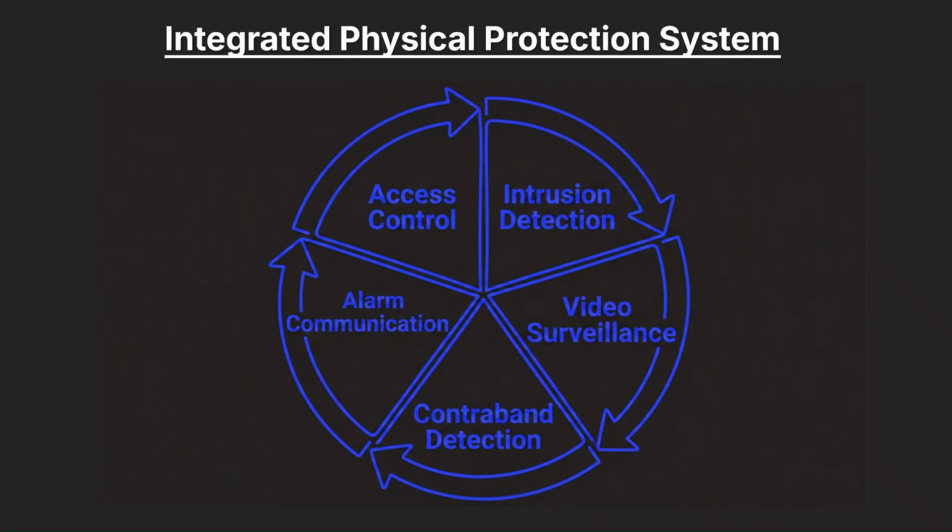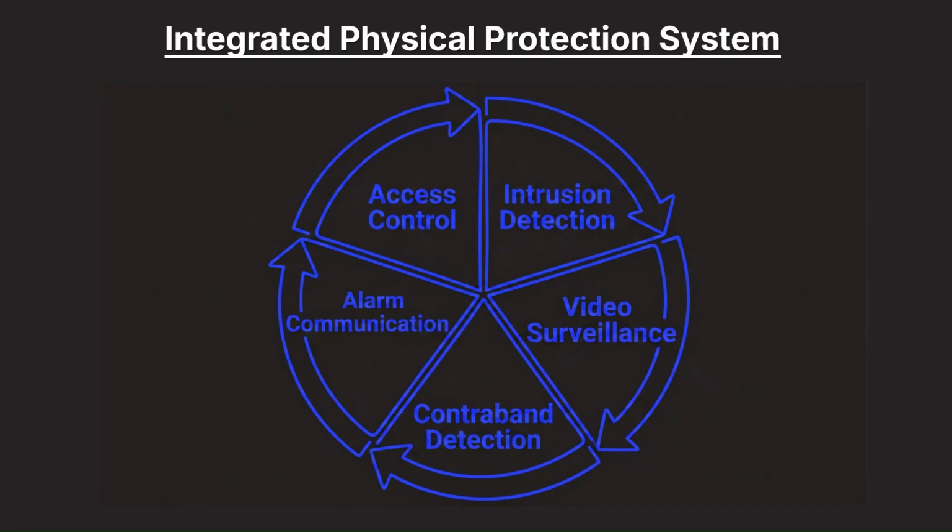A truly effective security framework is not built on isolated components, but on integration. An integrated physical protection system brings together access control, intrusion detection, video surveillance, contraband detection, and alarm communication into a unified structure. Each component supports and reinforces the others.